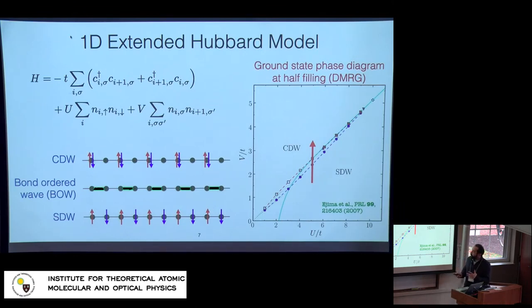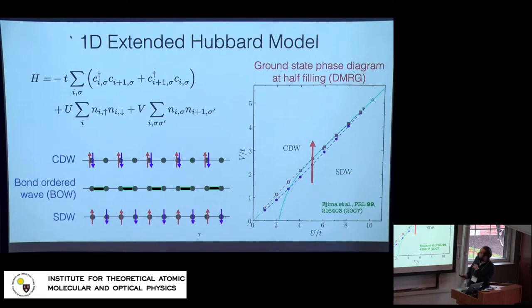But what is probably much less known is that in a narrow region between these two phases, at small U, U less than about 10, you get an off-diagonal order, which is a bond order. It's called the bond order wave, BOW, and it's basically strong-weak kinetic energy on alternating bonds. And there are, of course, two phase transitions here.